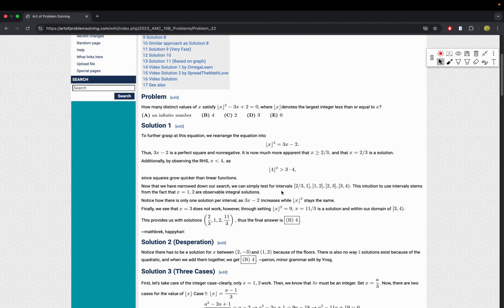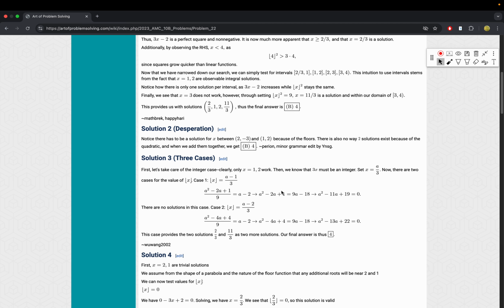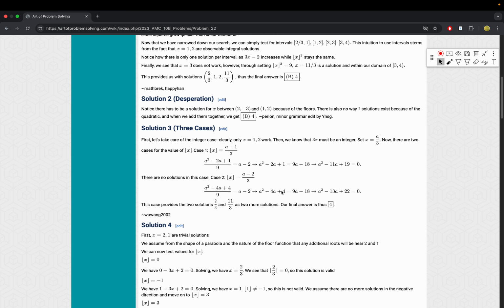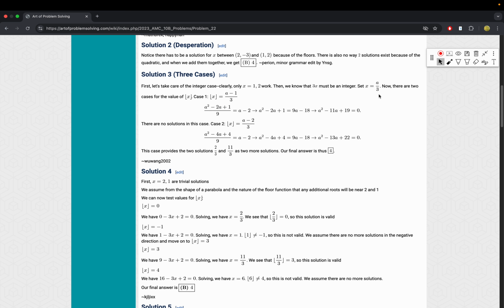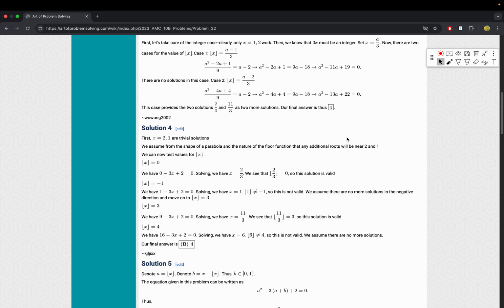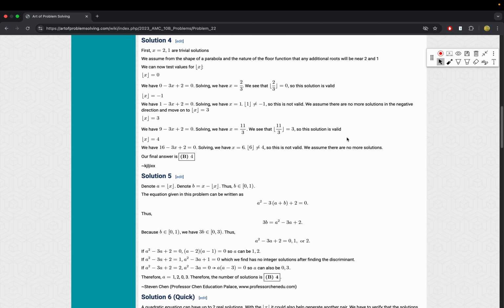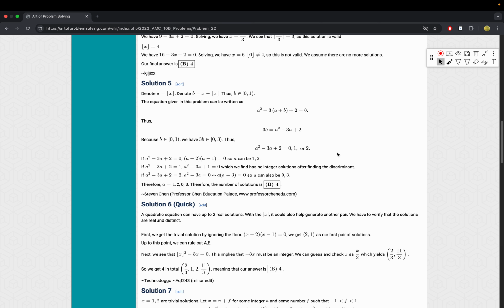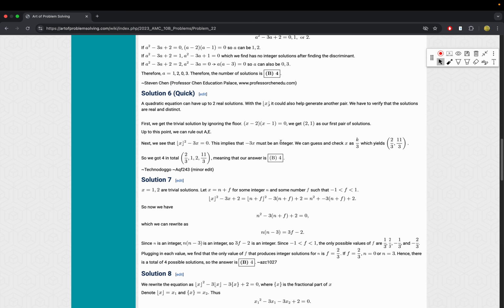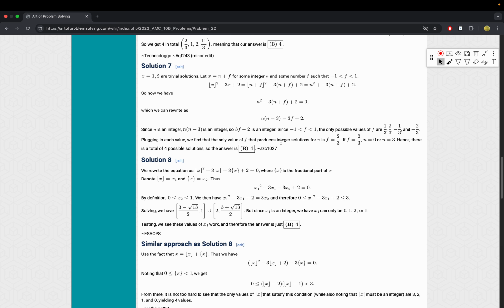Yeah, that's the same solution. But oh wait. Oh, a over 3, yes. Oh, we can change this.